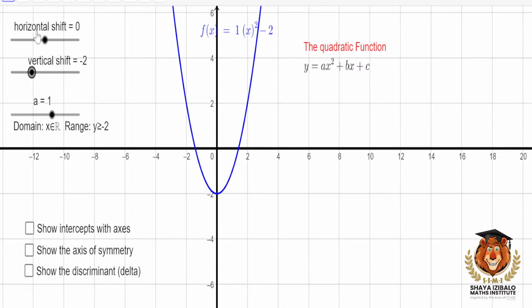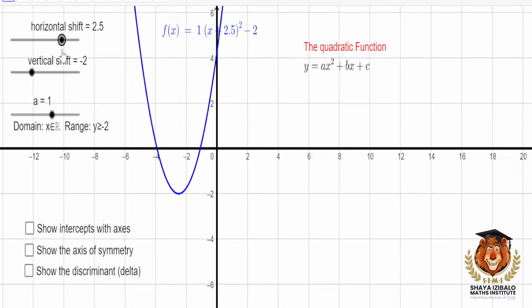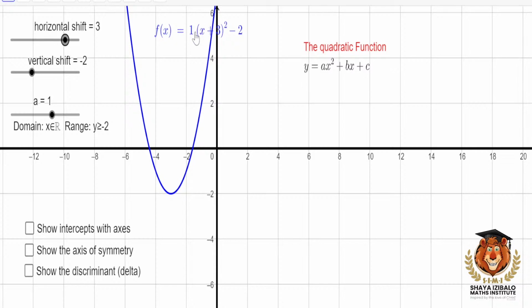I'm now going to add a number to the x's before applying the function, in other words, inside the bracket. So if I go x plus 3, what you'll notice is that the graph's actually shifted across 3 to the left. This is what we refer to as the turning point form. And you'll notice that the turning point is -3, -2, because this graph, which used to turn on the origin, the parent function, the vanilla one, has now been shifted 3 to the left and 2 down.